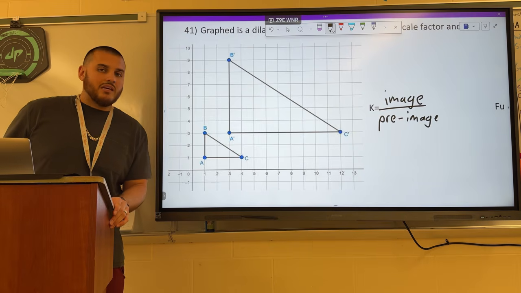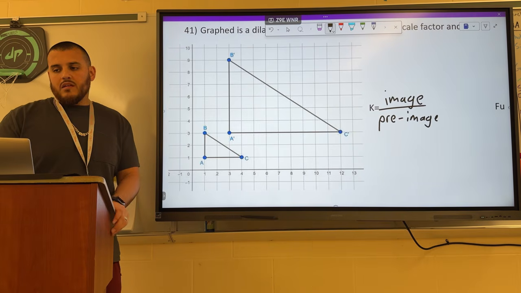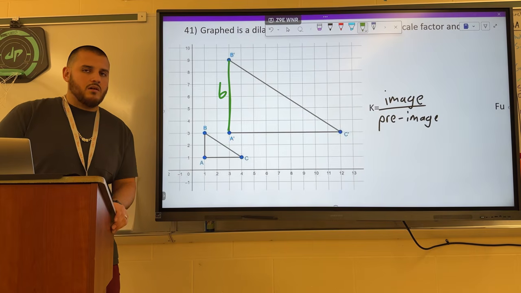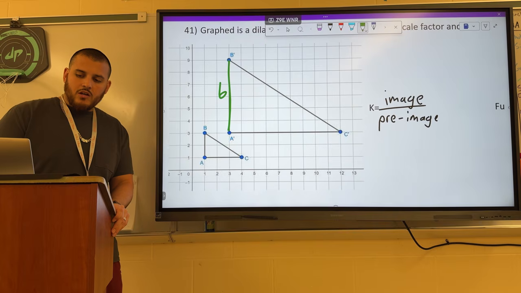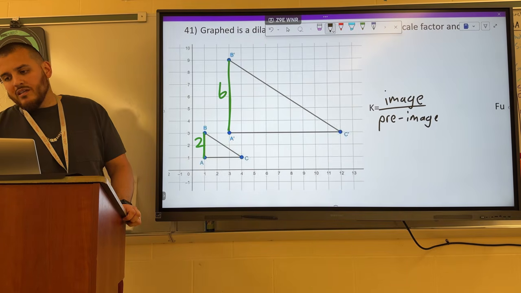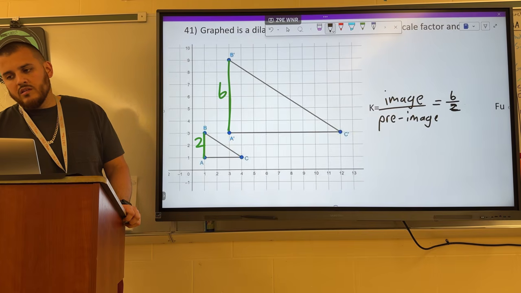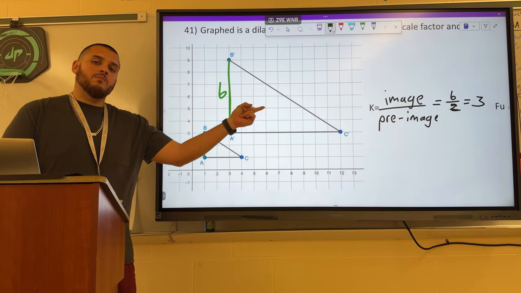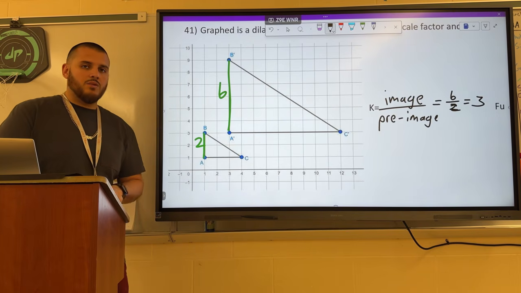I like looking for sides that I can count. For example, on the image, AB prime there I can count is 6 units long. On the pre-image, the corresponding side AB is 2 units long. So my scale factor can just be those in a ratio, 6 to 2, and 6 over 2 is equal to 3. So scale factor 3, meaning that the image is 3 times larger than the pre-image.